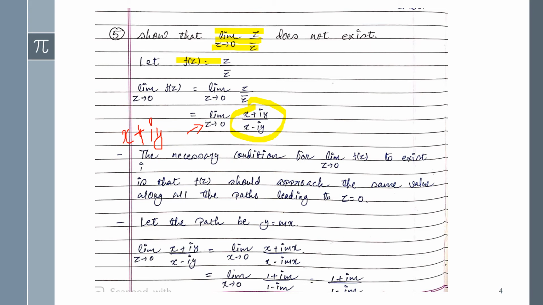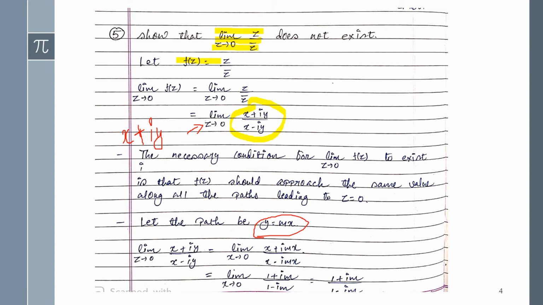So for that you have to apply one case. For the components you have to apply one line, that is y equals mx. You have to apply one path, and this method we have studied in the partial differential equations, in the second semester.